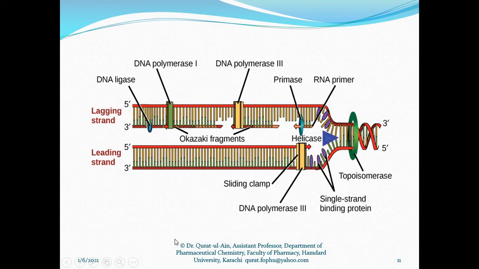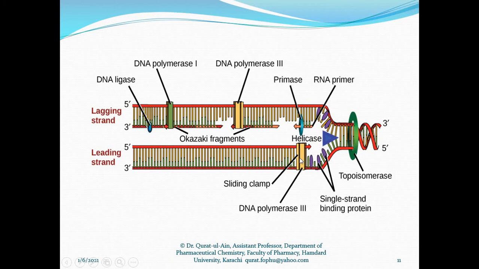So actually, what is the problem? DNA polymerase 3 or DNA polymerase enzyme cannot synthesize DNA from 3 to 5 prime. It can only synthesize DNA from 5 to 3 prime. So on the template strand that is having its direction from 3 to 5 prime, DNA polymerase easily synthesizes DNA from 5 to 3 prime.